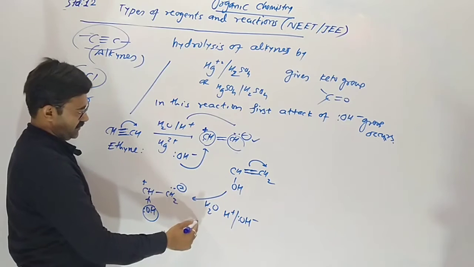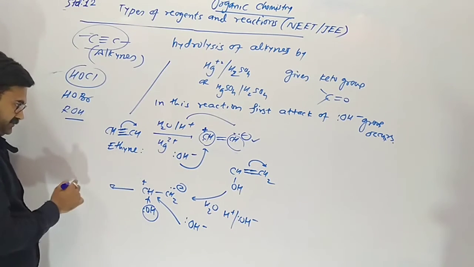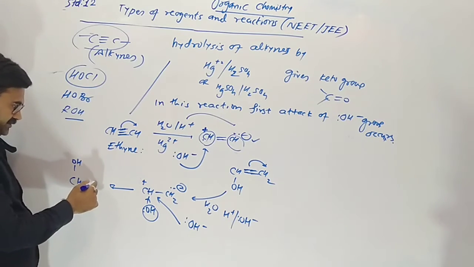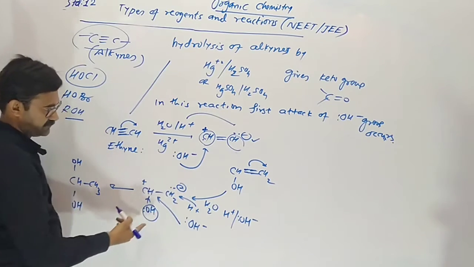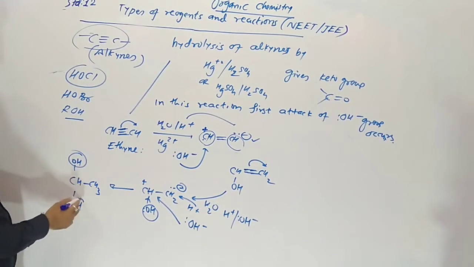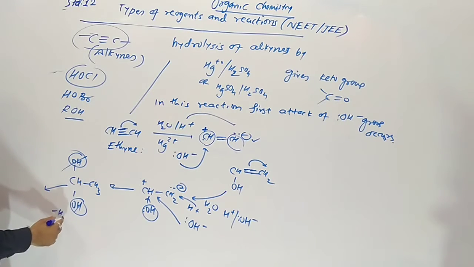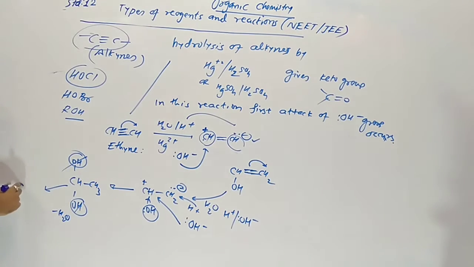Now the attack of OH occurs on the positive part first. So CH(OH)(OH), then H plus here, so CH3. 2 OH on the same carbon, we know OH and H, H2O removes and CHO remains.